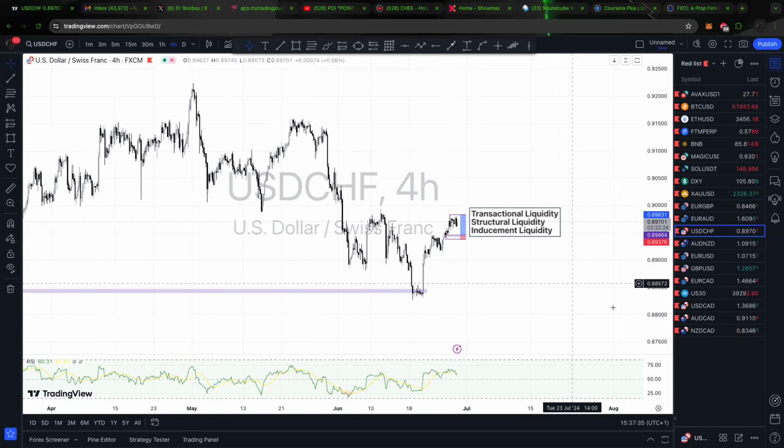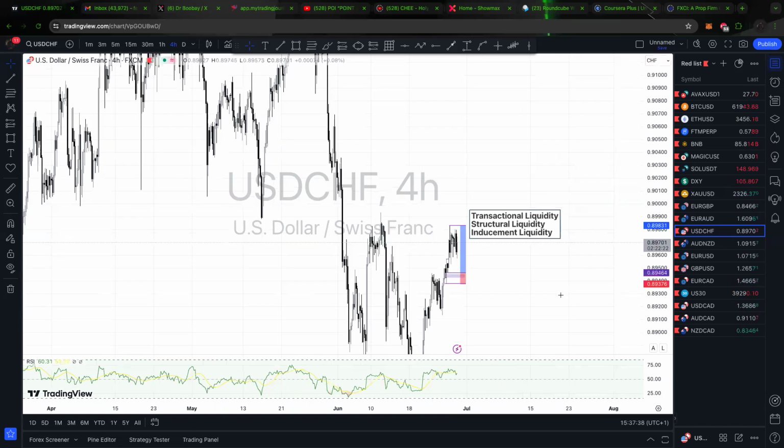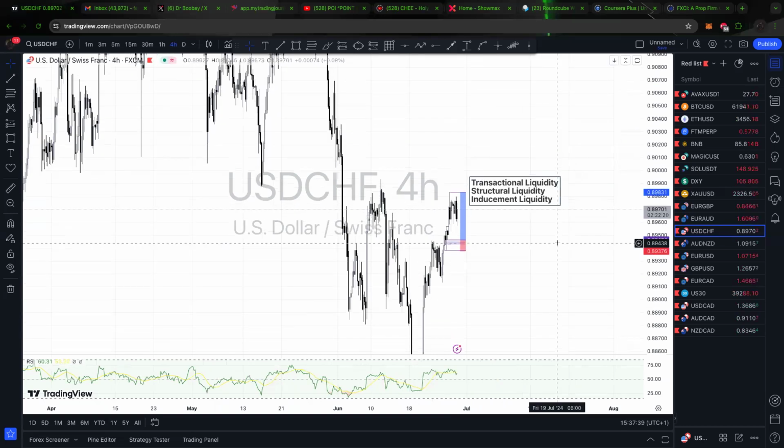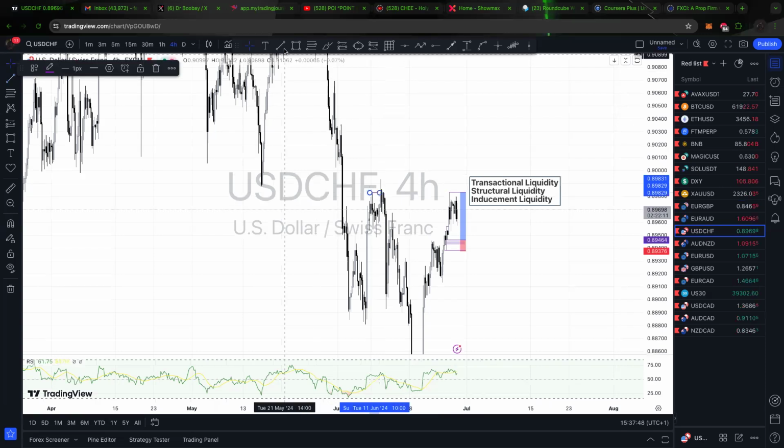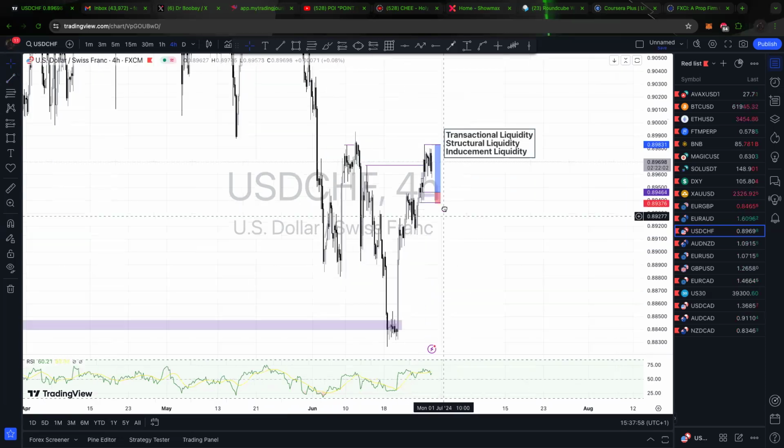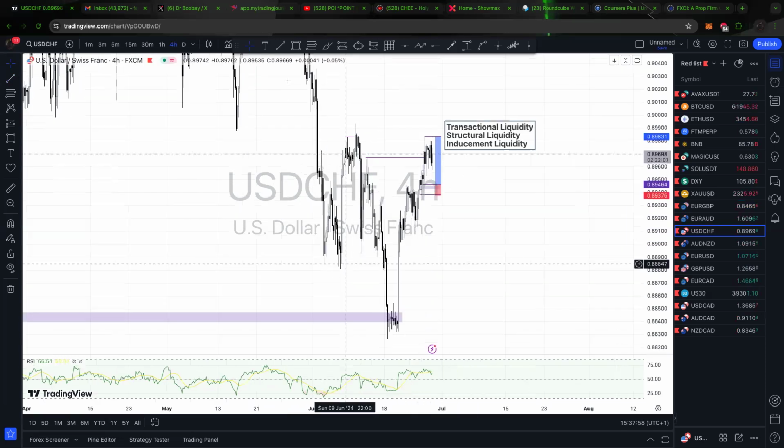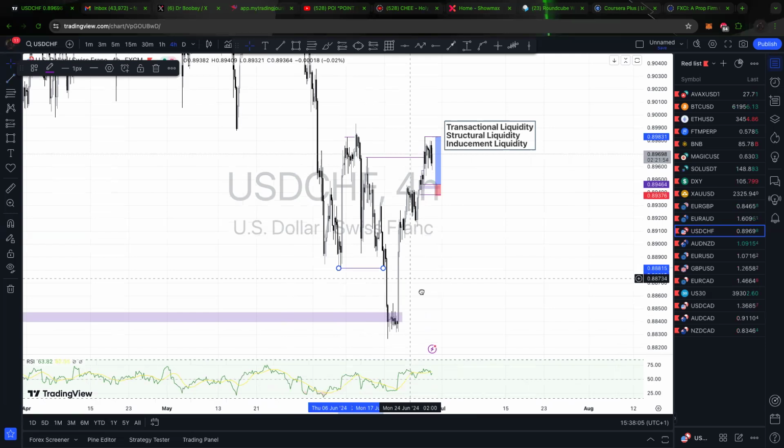But I'm seeing something now on the 4-hour time frame that looks like our entry. This is a sweep. This is structural liquidity that formed that has been taken out right here. And then the break of structure right here. Something that takes out structural liquidity right here.